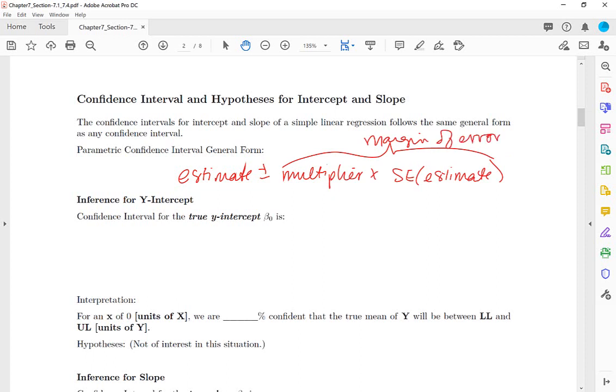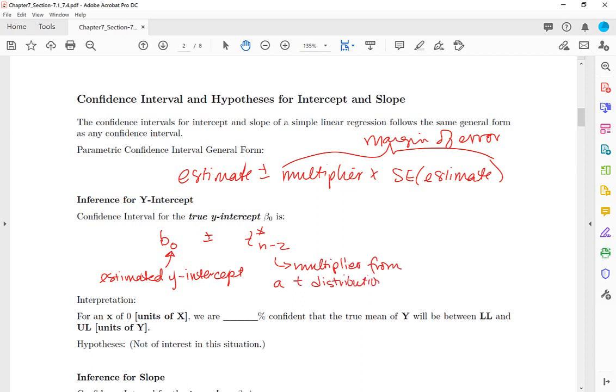When we're finding a confidence interval for the true y-intercept, beta naught, we're looking at b0, our estimated y-intercept, plus or minus the t star multiplier with n minus 2 degrees of freedom, times the standard error of the y-intercept.